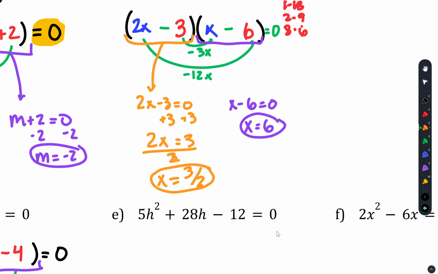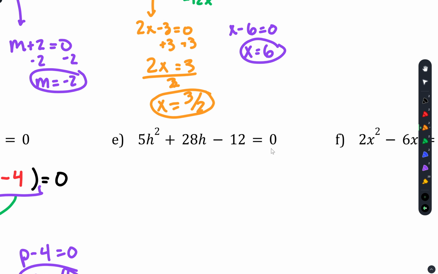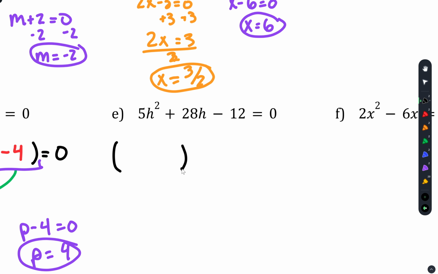Okay. Let's do letter E. Is there a GCF? Did we check? What goes in my bubbles? And? Negative 2 and positive 6. I mean, yeah, that's right.